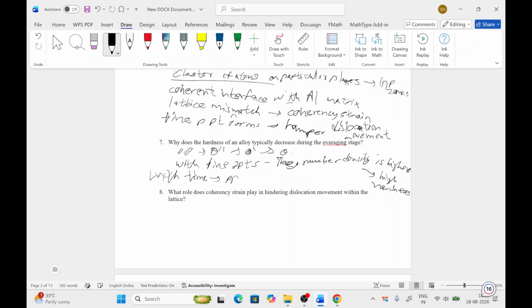With coarsening, the number density reduces, and because of the smaller number, the dislocation hindrance is less and the hardness decreases.